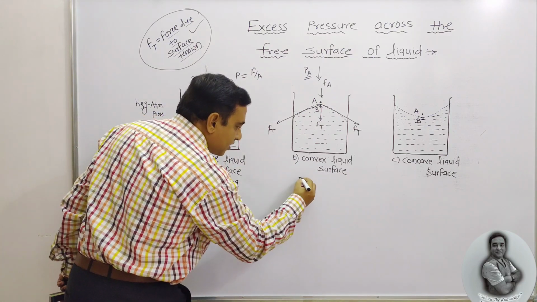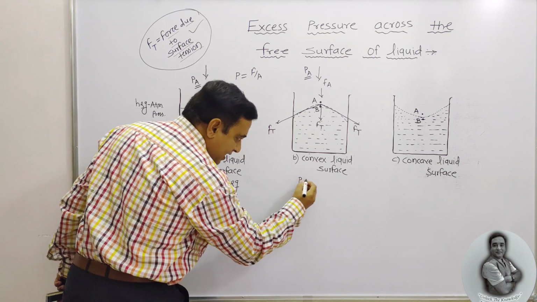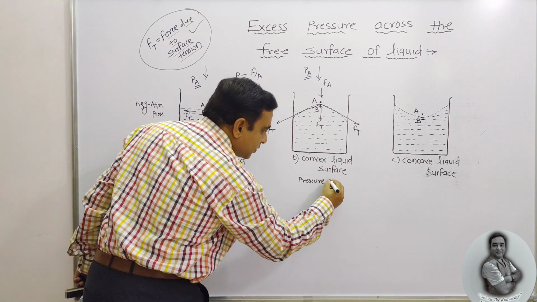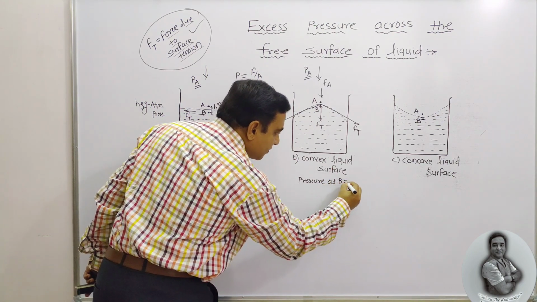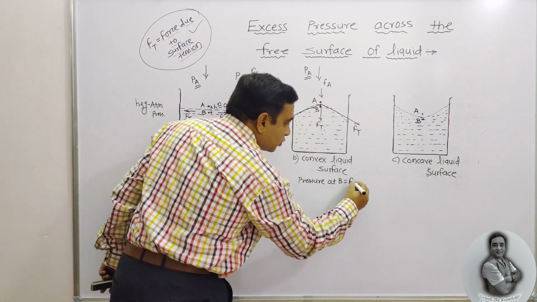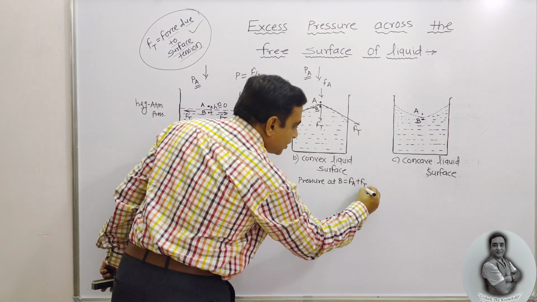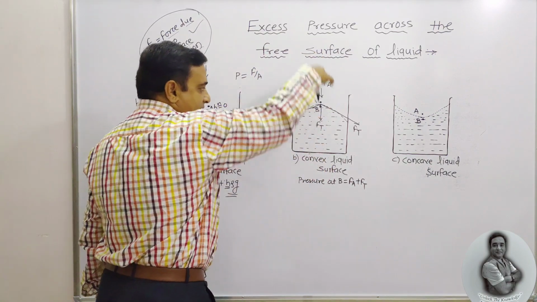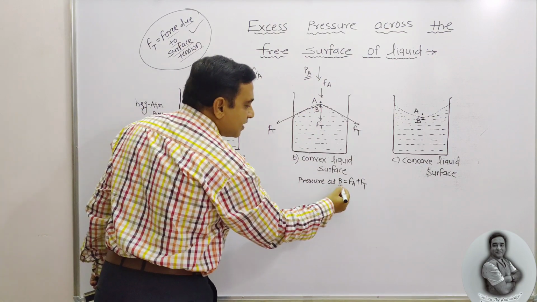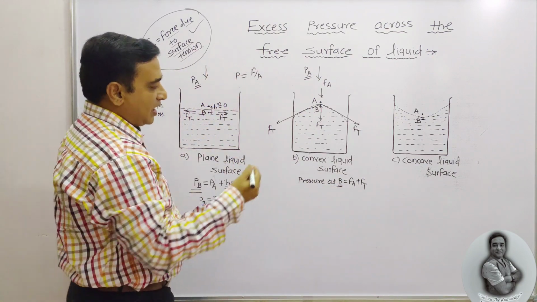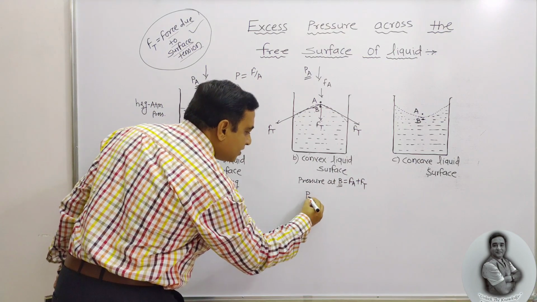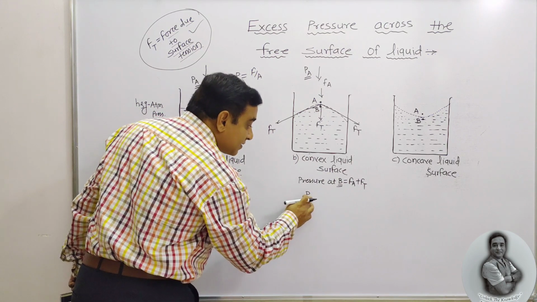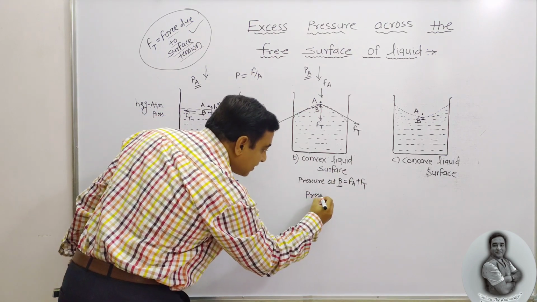That means the pressure at B is equal to the force applied due to the atmosphere plus the force applied due to the resultant surface tension. Both get added and the resultant pressure at B is greater. Here, what about the pressure at the A side?